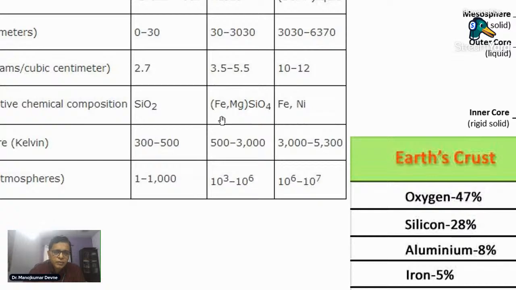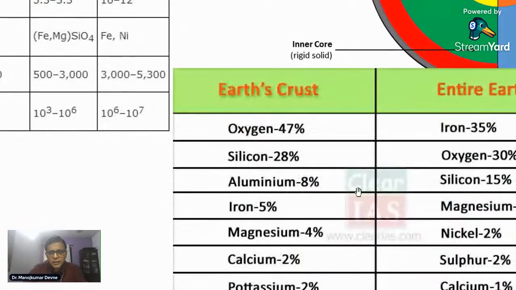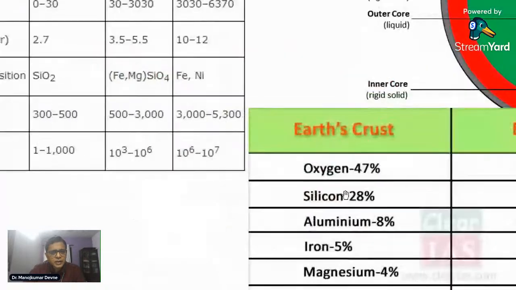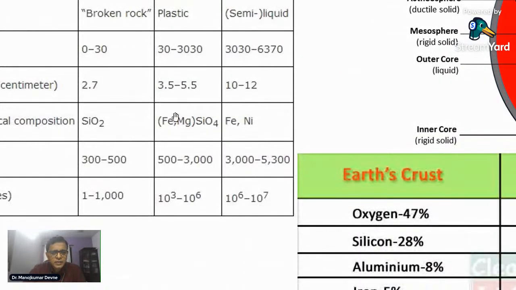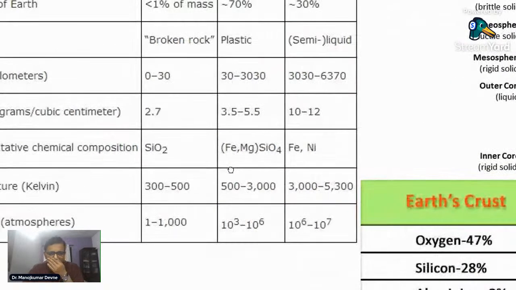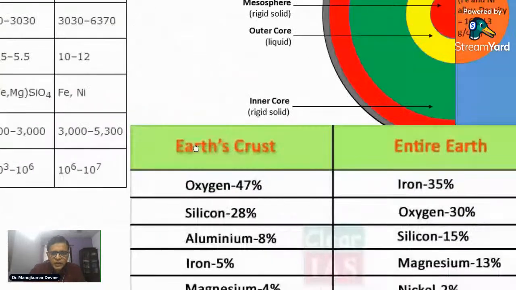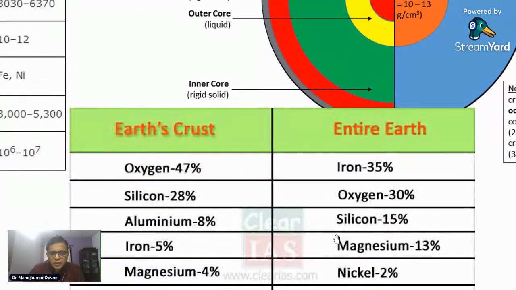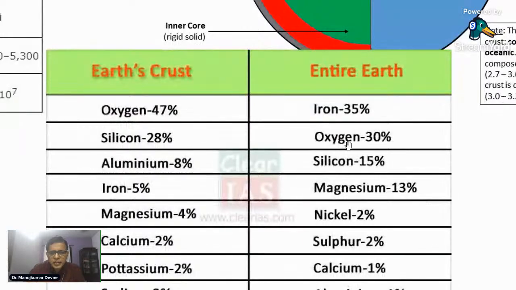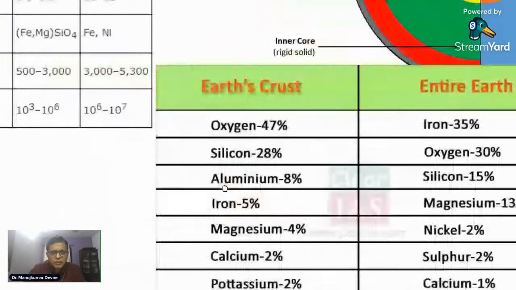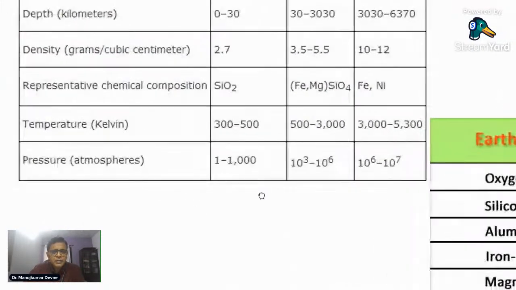With that, you're going to have ferrous and magnesium, which we have seen here has increased to 13%. That's basically because of a lot of magnesium in the mantle. And then towards the center, you have a lot of iron and a lot of nickel. Nickel makes up 2%, and iron a staggering 35% as you go to the interior of the Earth.